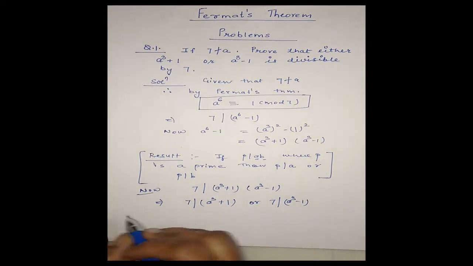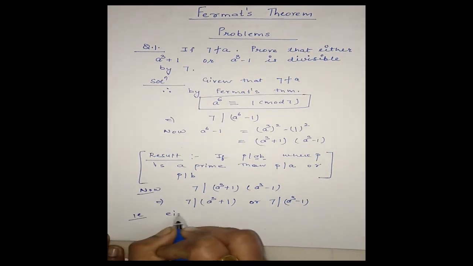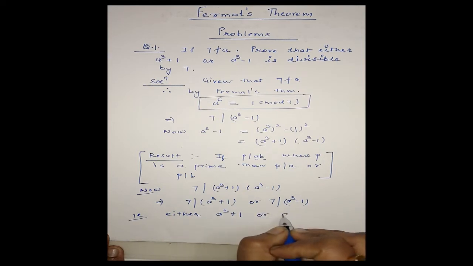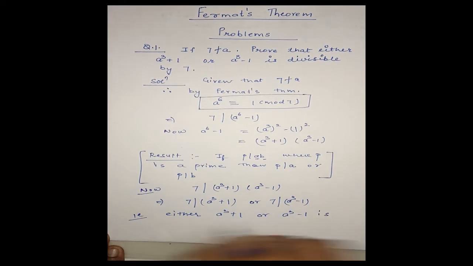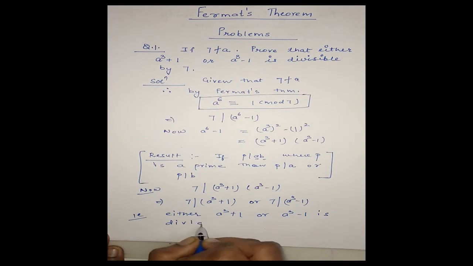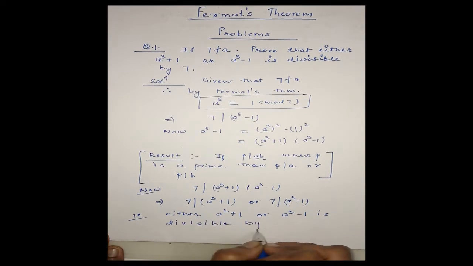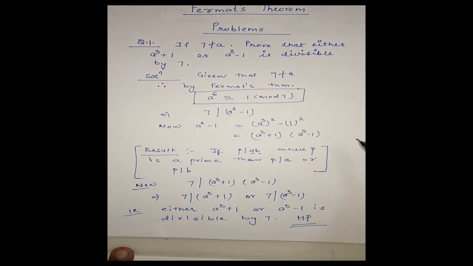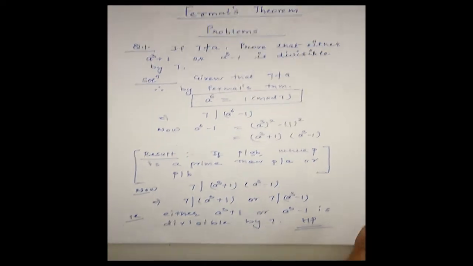That means either a cube plus 1 or a cube minus 1 is divisible by 7. Clear? Hence proved. If 7 does not divide a, then either a cube plus 1 or a cube minus 1 is divisible by 7. Clear? Now we come to the next problem.